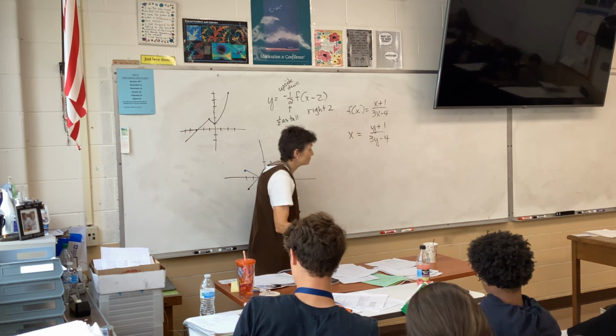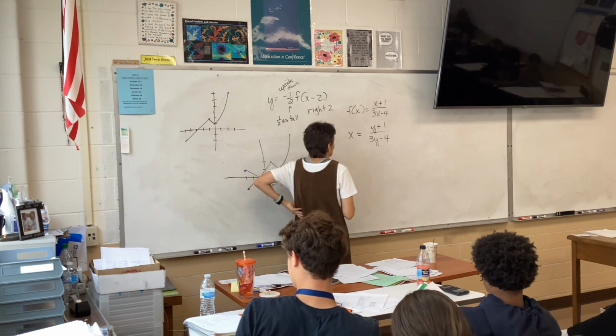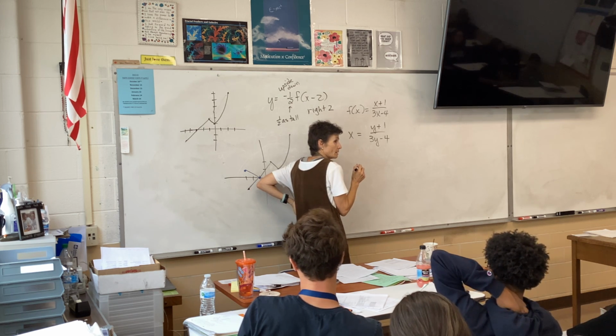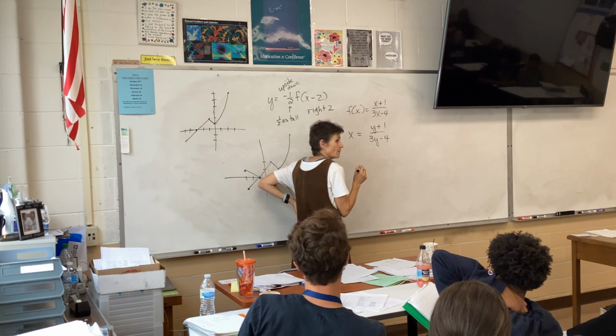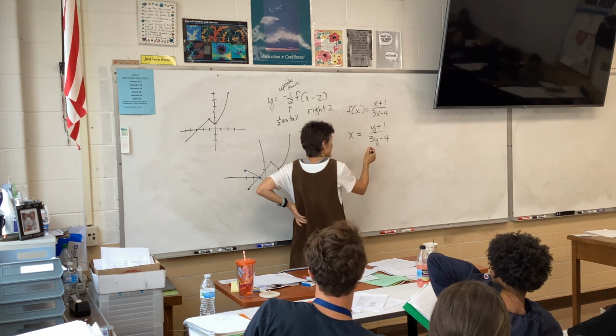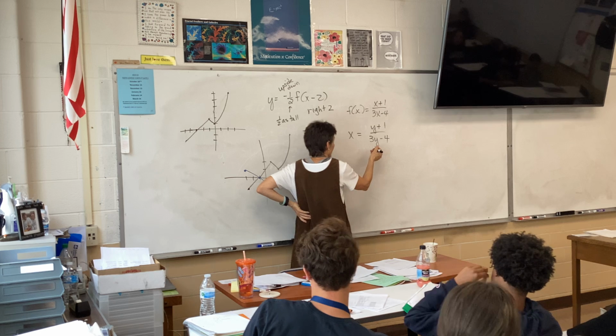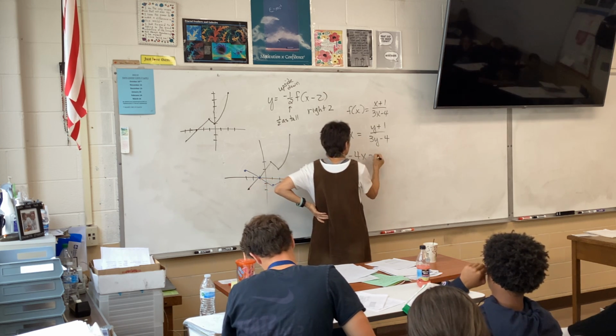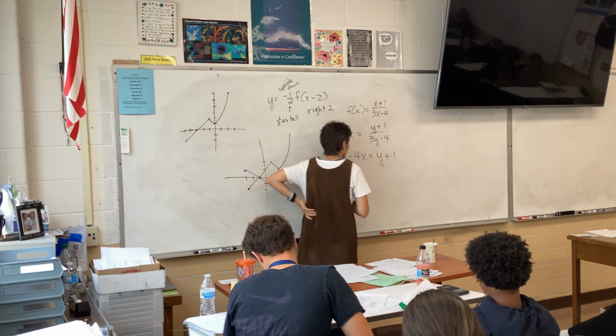Okay, then what? Okay, folks, we're not wasting time. We're using this productively or we're not going to do it. So 3xy minus 4x equals y plus 1, getting rid of the fraction.